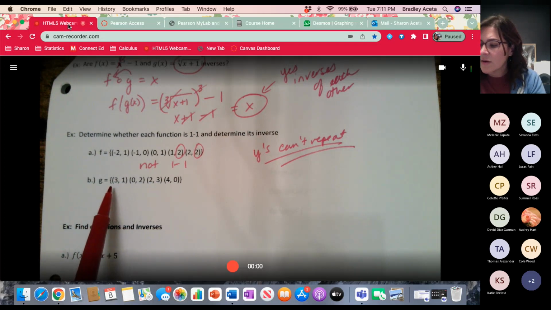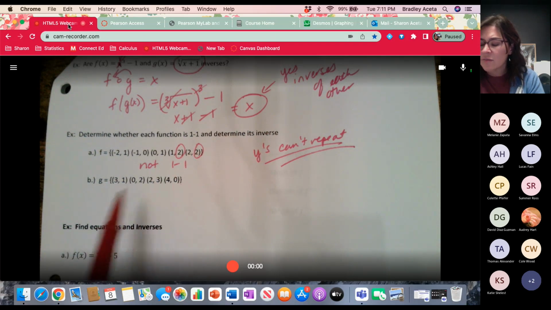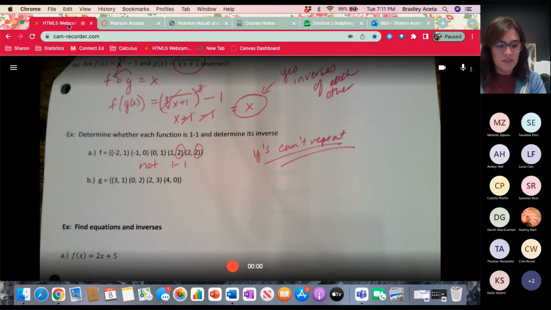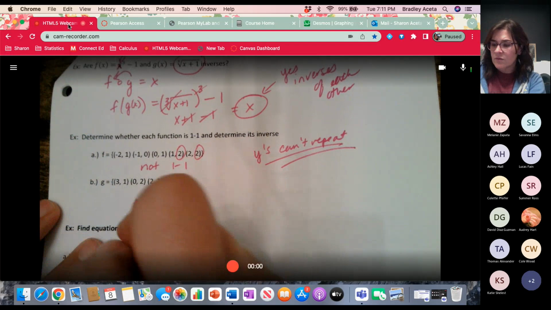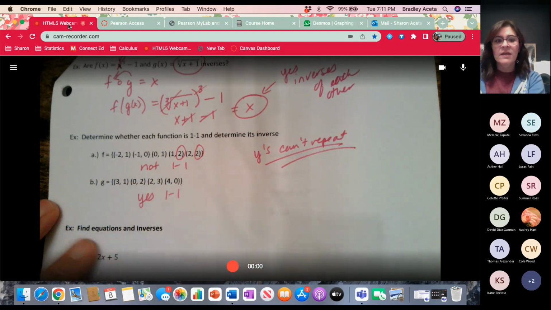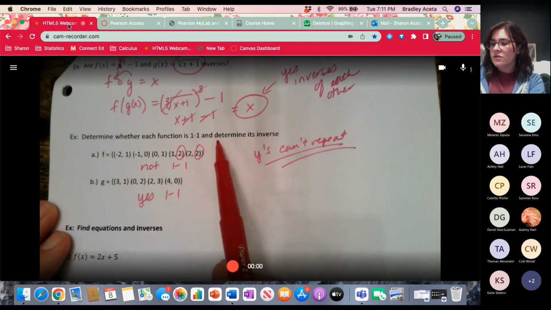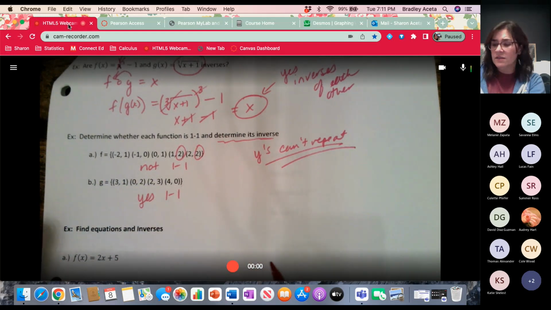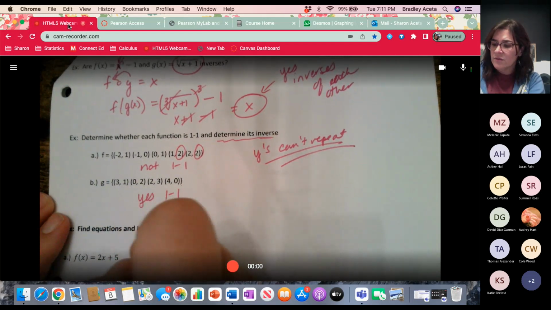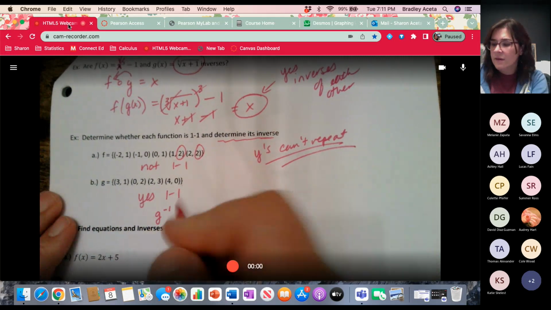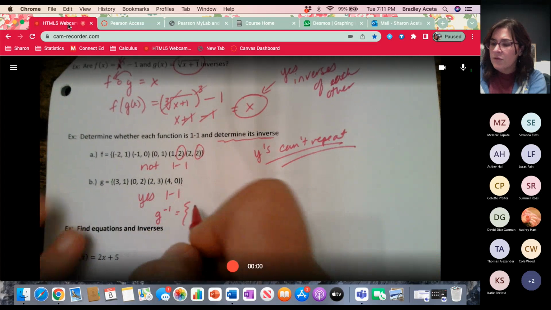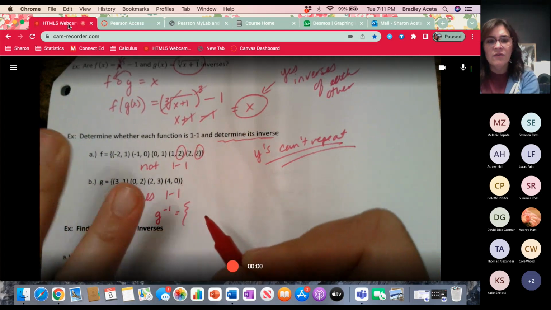This one right here, I'm going through 3, 1. I don't look like I'm repeating any of my y's. Looks like my x's are good. It's a function. So now that this is one-to-one, you have to determine its inverse. Well, this is really easy. You write g to the -1, which just means the inverse of g, and you take each coordinate and you flip it.